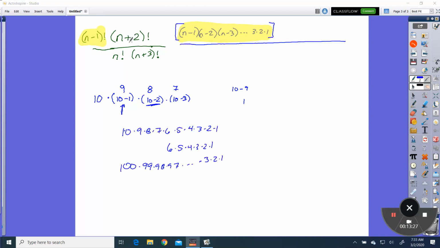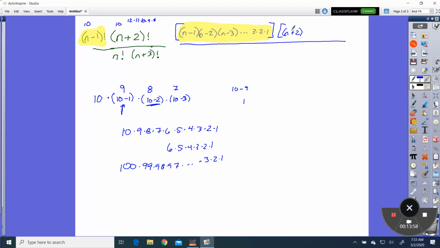So now I start with n plus 2. So this is just an example, like if n were 10, this would be 10 plus 2, right? Which would be 12. And the next number would be 11, 10, 9, and 8. And so they're going down. 11's 1 less than 12, right? So my first number is going to be n plus 2. The next one is 1 less than that.